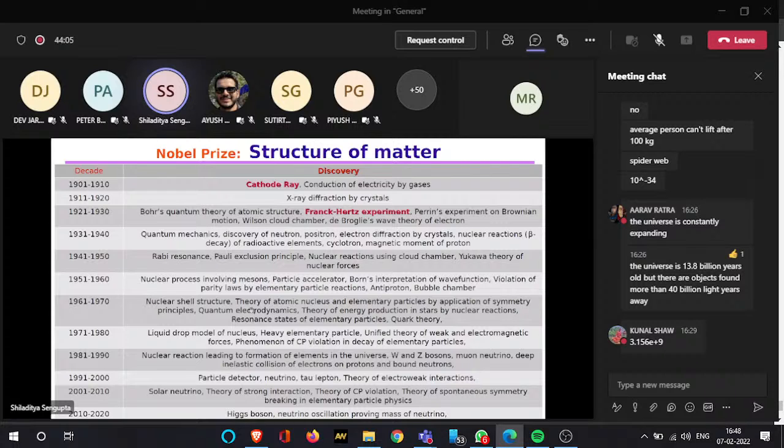And you can see that some of these are fundamental experiments, and some of these Nobel Prizes are for developing different technologies like the cathode ray tube, X-ray diffraction or the particle accelerator, etc. So there are two kinds of work that got the Nobel Prize.